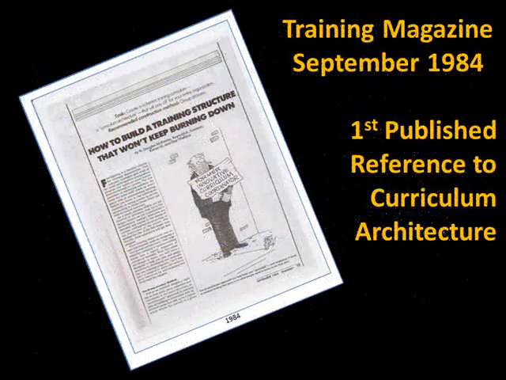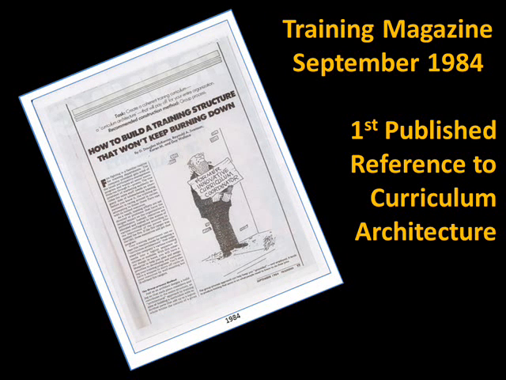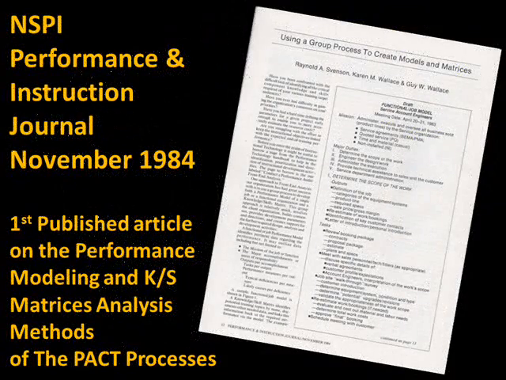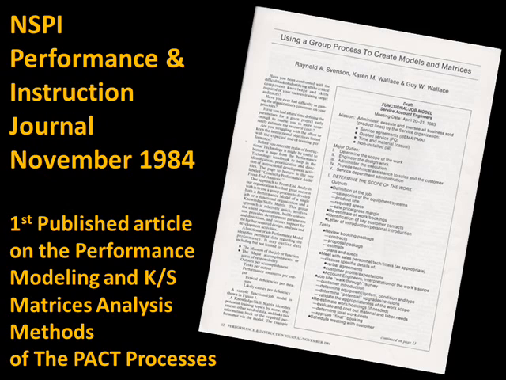I was a co-author of the first reference to curriculum architecture published in Training Magazine in September 1984. Two months later, my partners and I produced the first article on performance modeling and knowledge and skill analysis and our methods that later became the PACT processes.